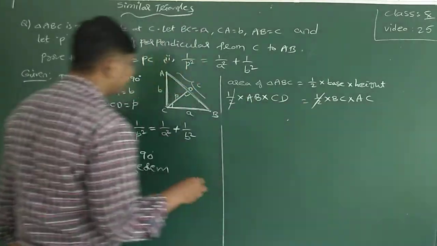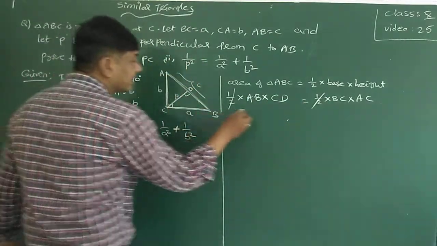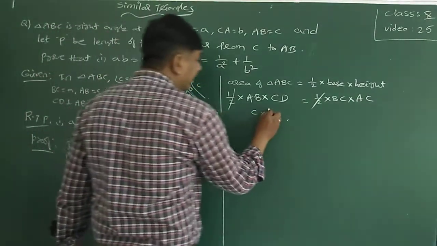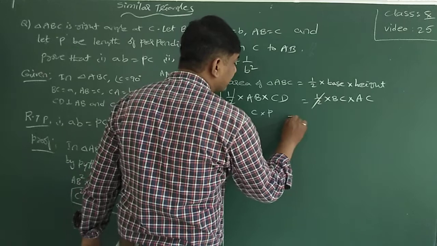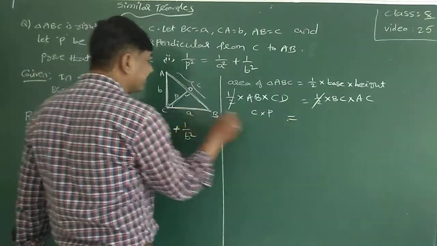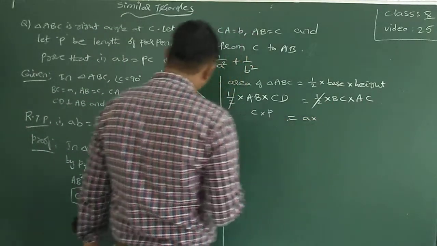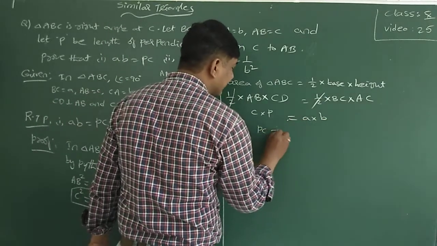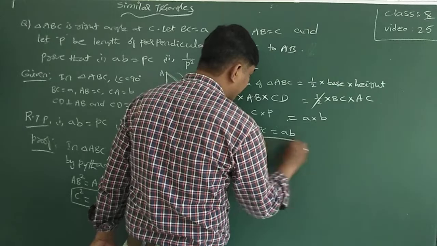Half cancels. AB is nothing but c, CD is nothing but p, BC is nothing but a, AC is nothing but b. Means pc is equal to ab. First one I got.